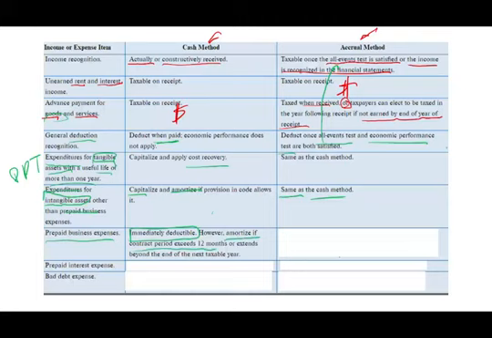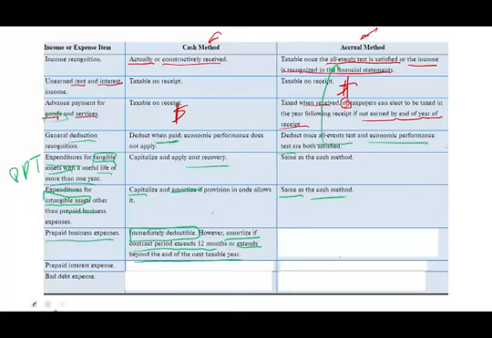So the first thing is, if the contract, whatever you prepaid for, rent, insurance, whatever, is more than 12 months, forget about it, you cannot expense it immediately. Or the contract extends beyond the end of the next taxable year. So you have to be careful.